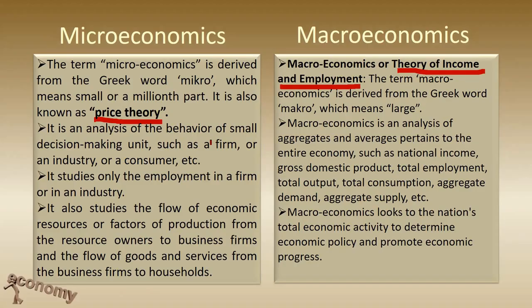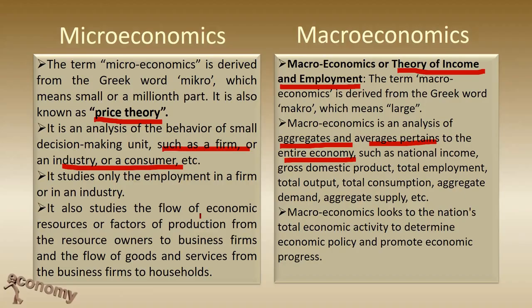Microeconomics studies the individual firm, industry, or consumer, whereas macroeconomics is an analysis of aggregates and averages pertaining to the entire economy. It discusses national income, gross domestic product, total employment, total output, total consumption, aggregate demand, aggregate supply, etc. Microeconomics studies only the employment in a firm, whereas macroeconomics studies the total employment.